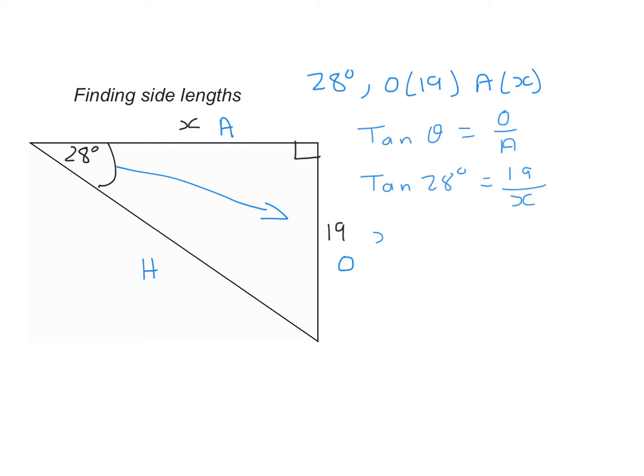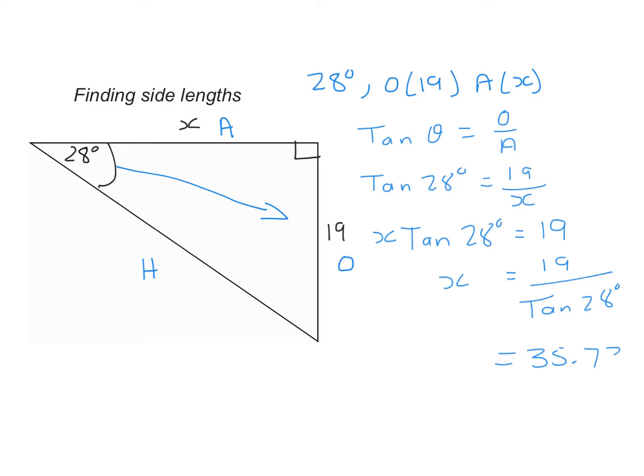So therefore it's going to be x tan of 28 degrees equals 19. I need x by itself, so x is equal to 19 all over the tan of 28 degrees, and when I put that into my calculator I find that the value of x is actually 35.73. So x is equal to 35.73.